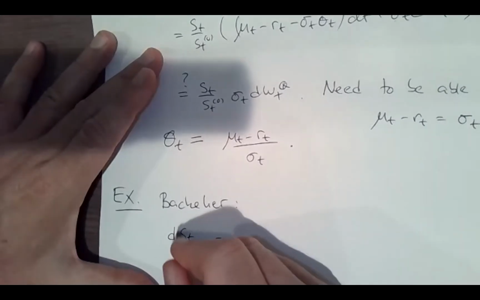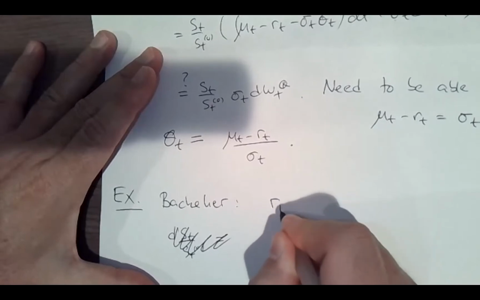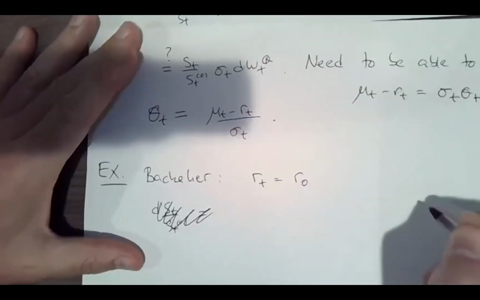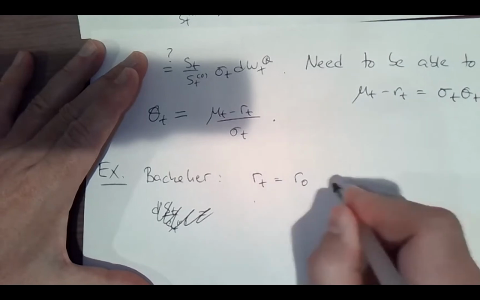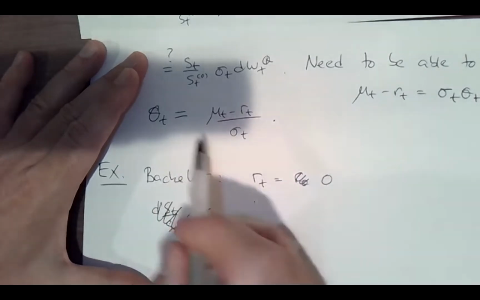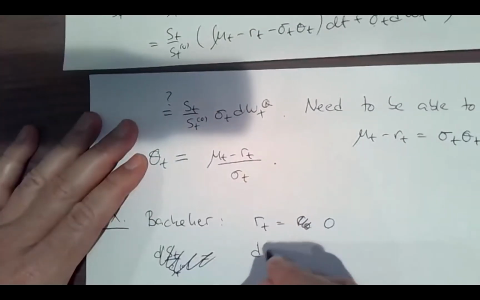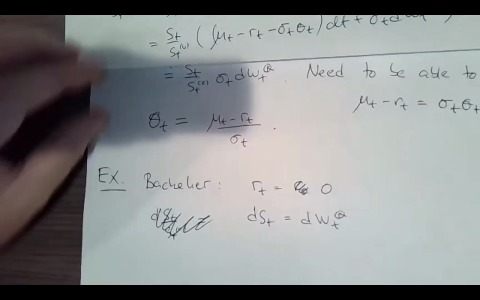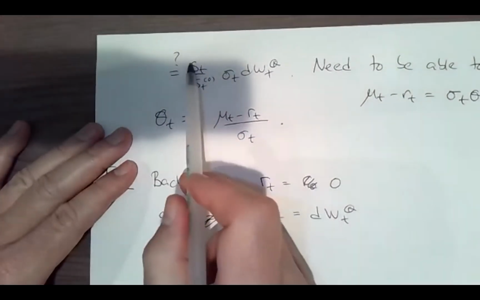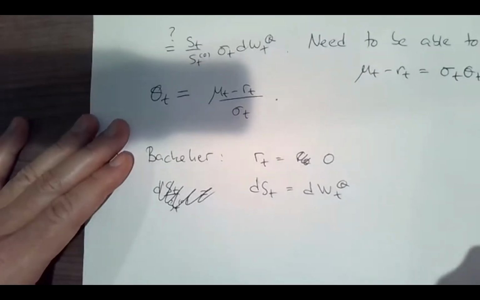RT is just a constant, and we can even put it equal to 0. In that case, the bank account is just equal to 1, so I don't have to discount. And then DST will simply just be a Brownian motion, DWTQ. So it doesn't quite fit into this one because I have this term here, but yes, that's the oldest one. This is a normally distributed stock price.